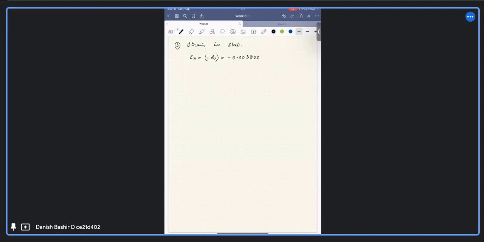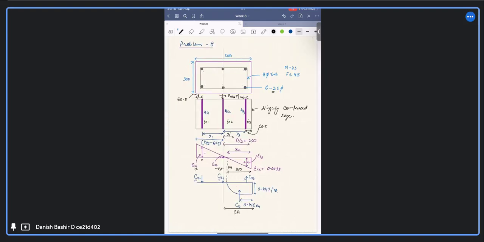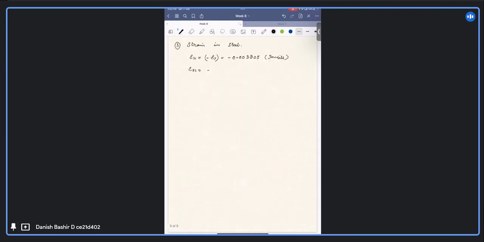05. This is tensile. Epsilon S2, that is the second row, will be negative. From the similar triangles, you have to calculate all these quantities, because I have these distances, and all the distances are calculated like this. I have this value 0.0038.